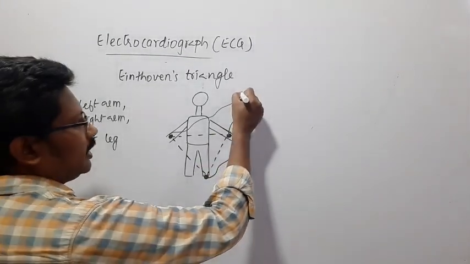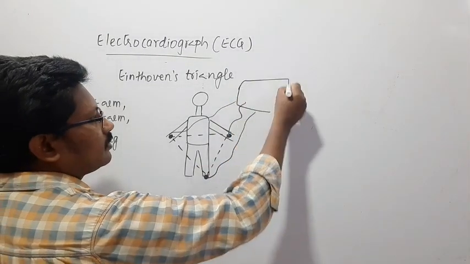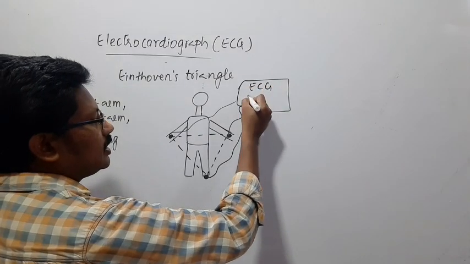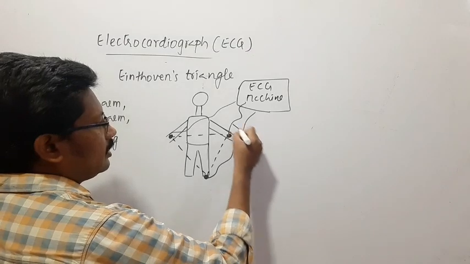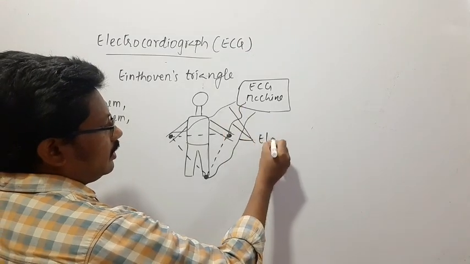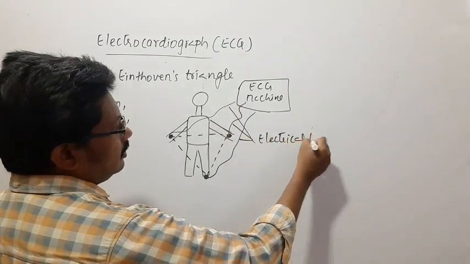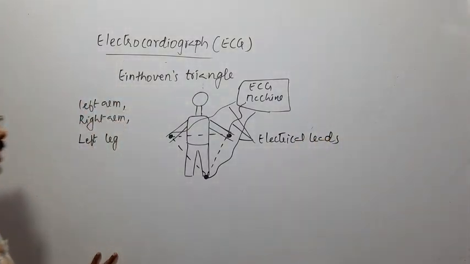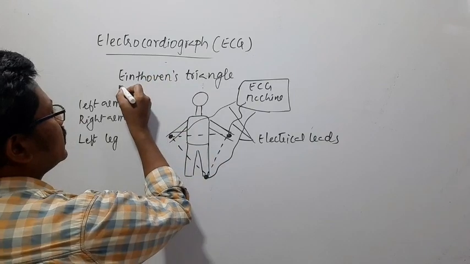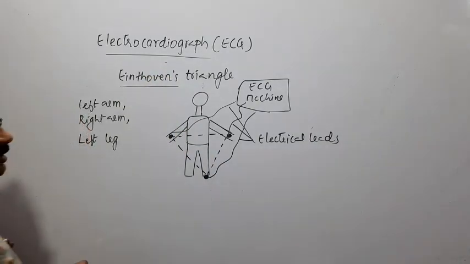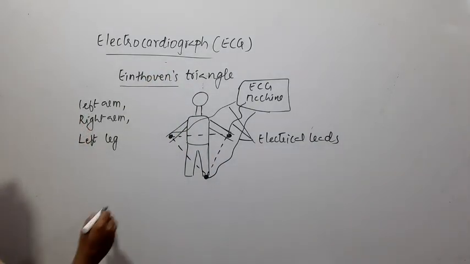Right, so here it is connected to an ECG machine, and all these are electrical leads. Hence, of course, we consider Einthoven the father of electrocardiography.